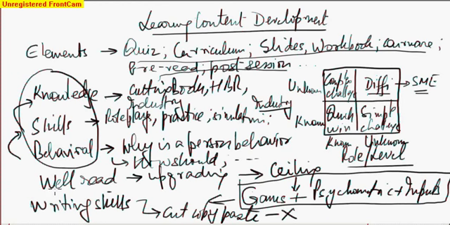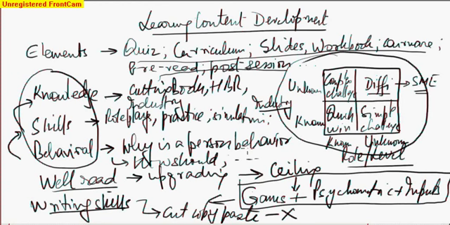So a well-read, knowledgeable person with writing skills, who is able to understand all these complexities across industry, across roles, such a content developer, when he is dedicating his time and energy, will be able to give good learning content. And good learning content is one which is able to meet the objectives of a session, of a learning intervention.